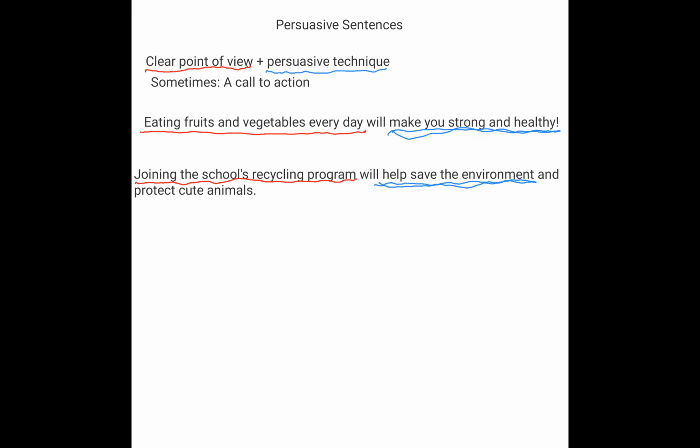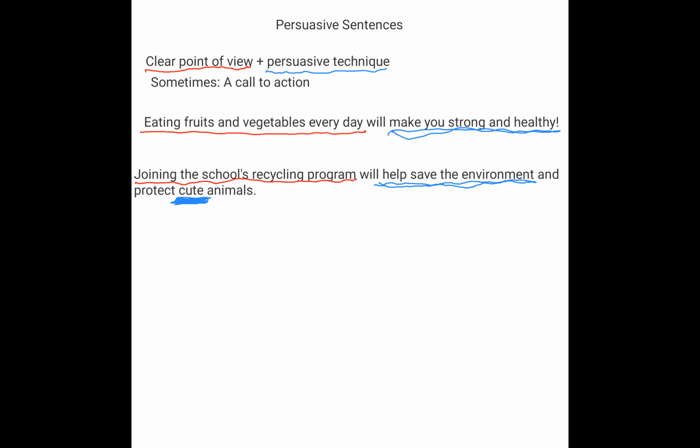It's actually very good, Stefan. So they're talking about protecting cute animals. So the persuasive technique is actually the word cute. And that is our emotive language. So we've got pointing out one of the benefits, as in it'll help save the environment.